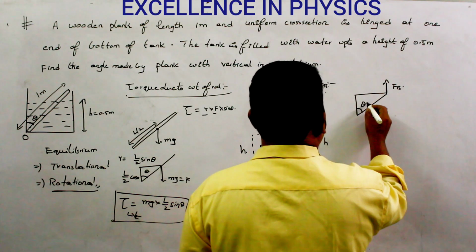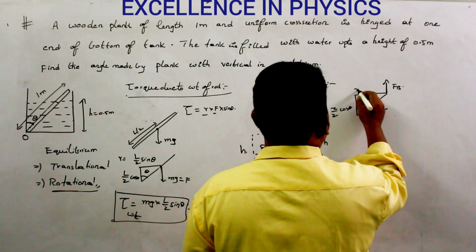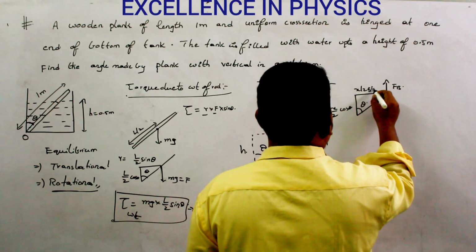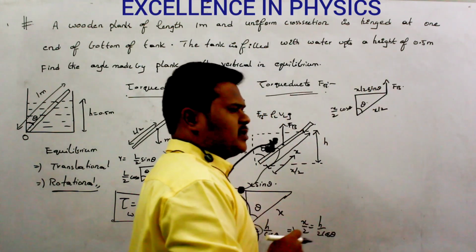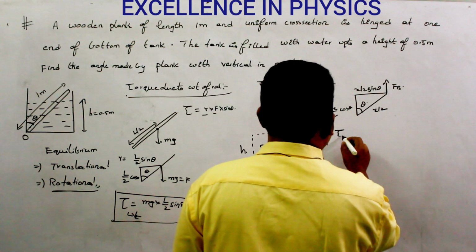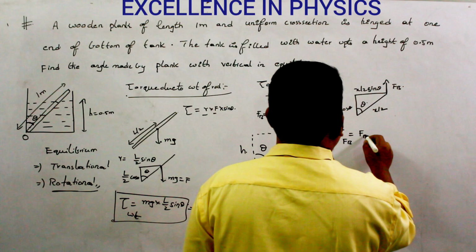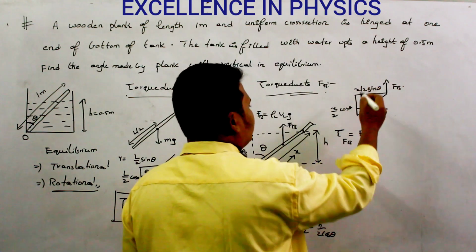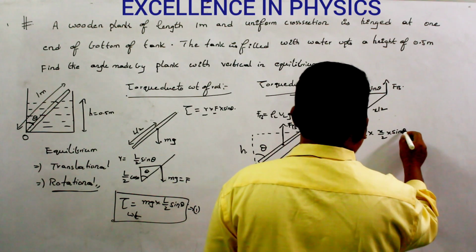If this is theta, which is given, then this is x by 2 cos theta and this is x by 2 sin theta. This x by 2 sin theta and the force of buoyancy are perpendicular to each other. So the torque produced due to the force of buoyancy is equal to force into perpendicular distance, that is x by 2 into sin theta.